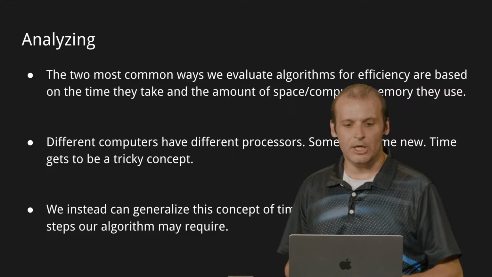So instead of using time literally like seconds, minutes, hours, we instead consider how many steps an algorithm might take. And in particular, we care about how many steps an algorithm might take as the data set that algorithm applies to gets bigger and bigger.